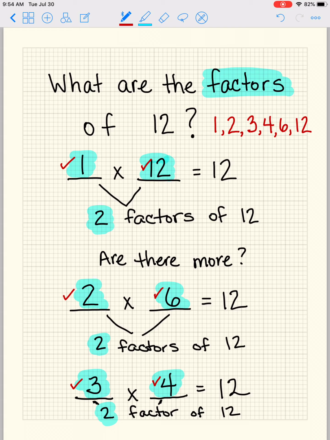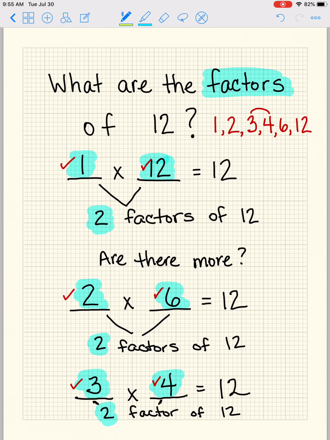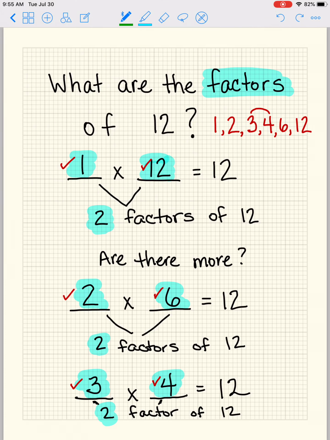So here in my list up at the top, I'm going to connect my 3 and 4 because I multiplied those 2 factors together to get to 12. Then I'm going to switch over and connect my 2 and my 6. Actually, let me darken that up just a little bit so that you can see it. So now I'm going to connect my 2 and my 6.